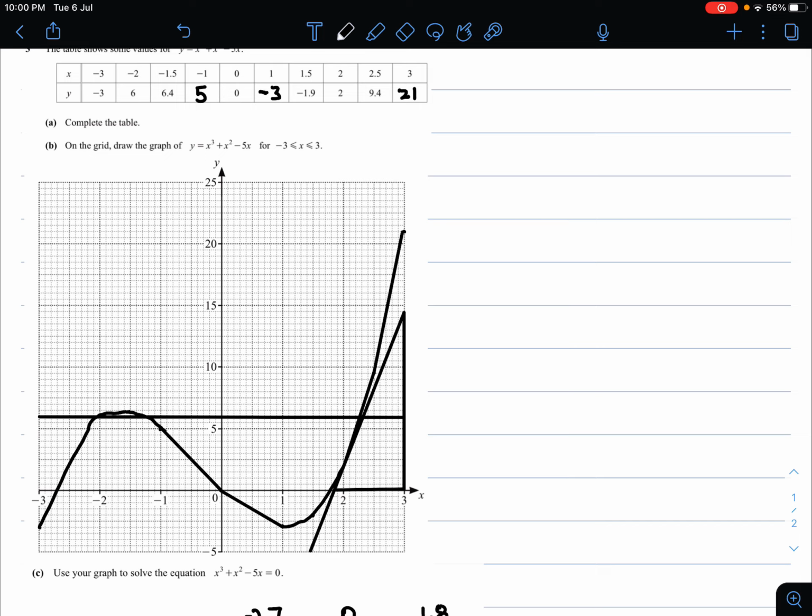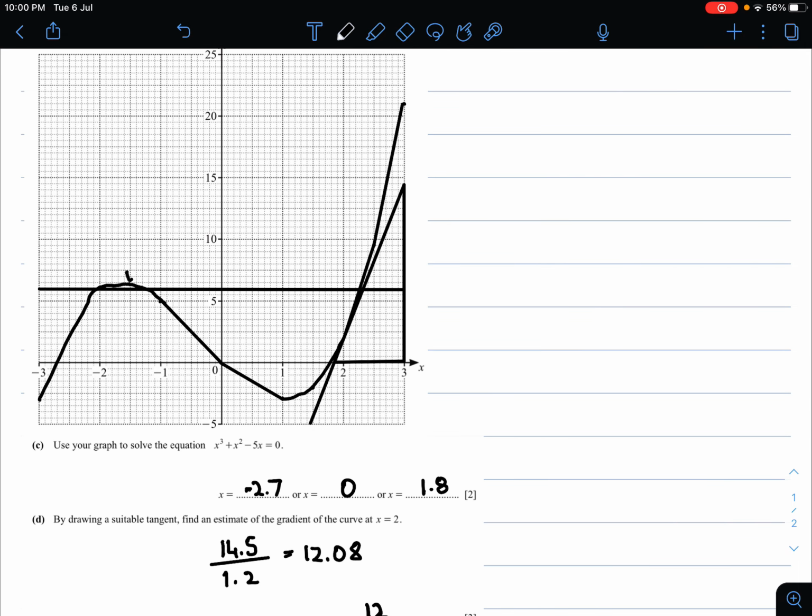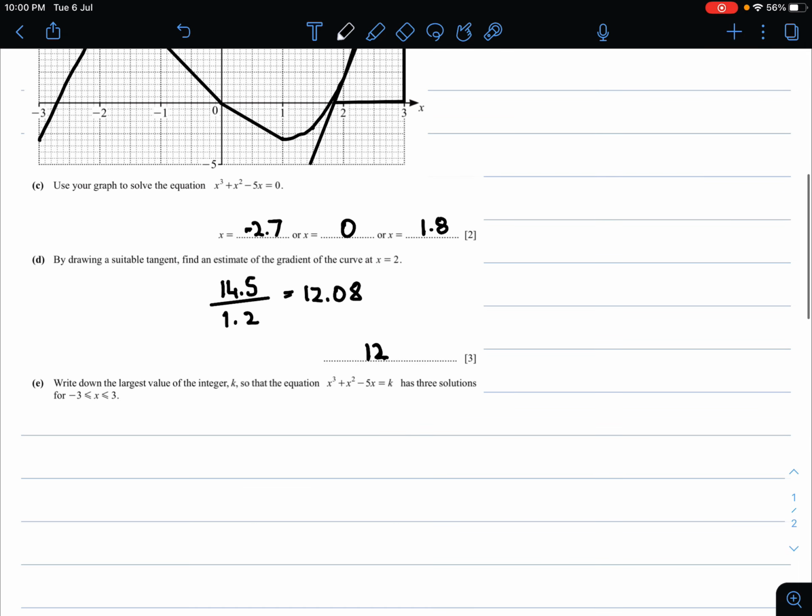Because if you go 1 point higher, then it will only intersect the top of the graph on this side, as you can see, the tip. So therefore your value of k would be equal to 6.